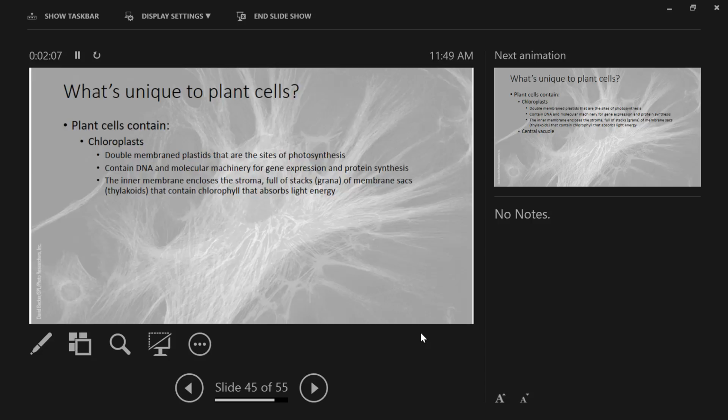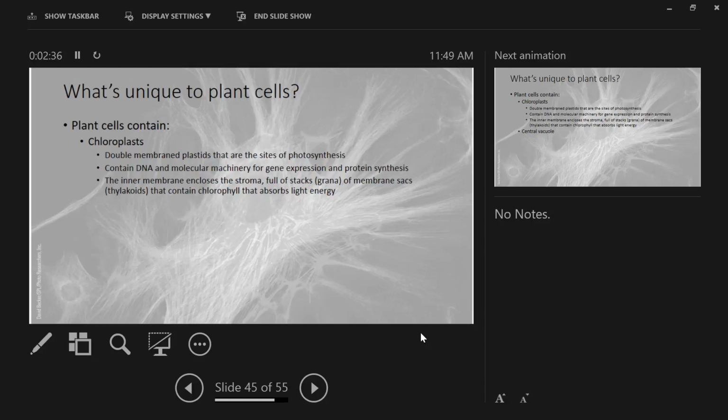And within there, we've got these stacks. Grana are the stacks of thylakoids. And thylakoids are actually a third membrane that's just stacked up. It provides an enormous amount of surface area and contains the machinery, chlorophyll being part of that machinery, necessary to harness light energy.